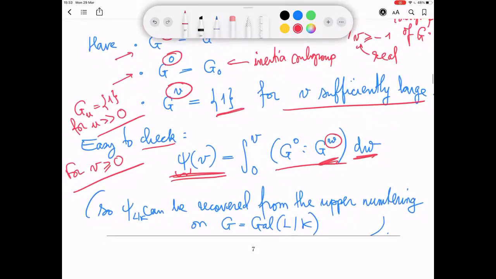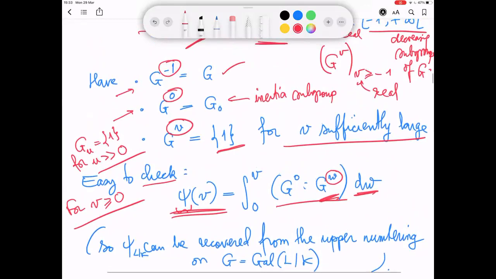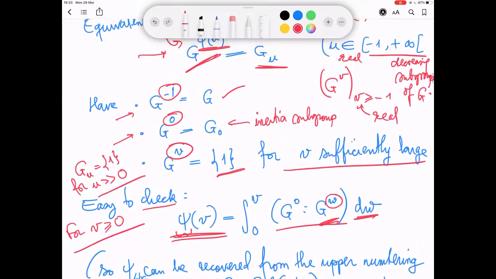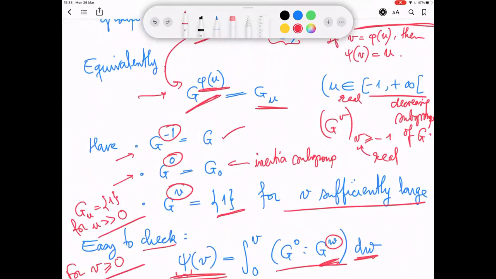That's your function psi. In other words, how did we define it? Roughly speaking, we defined phi of L over K, and then we defined psi of L over K as the inverse function, and then we defined also the upper numbering, GV.